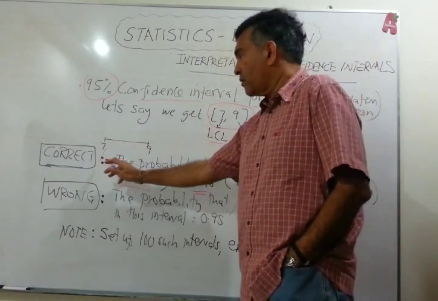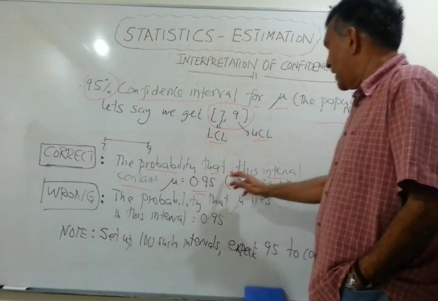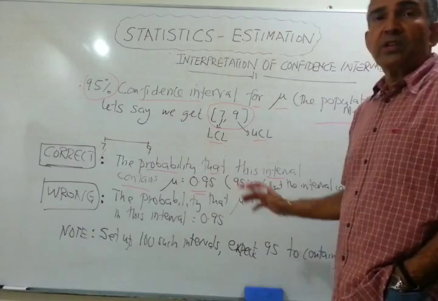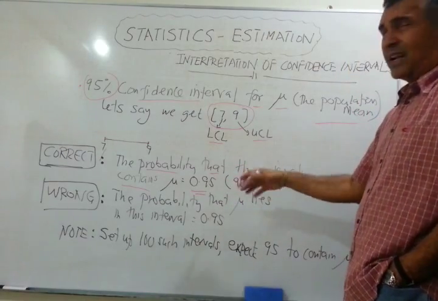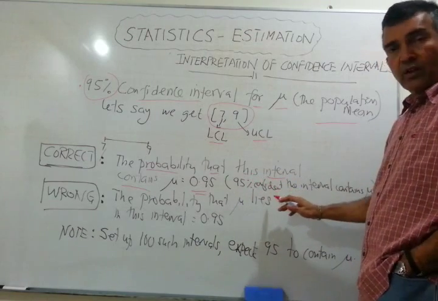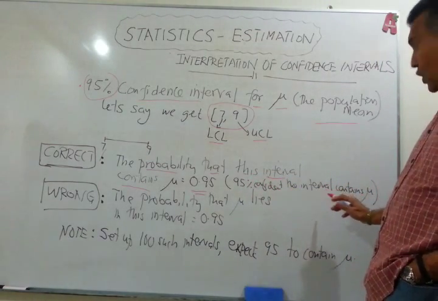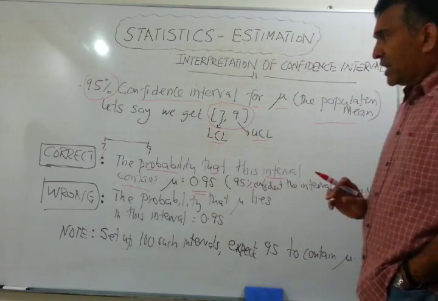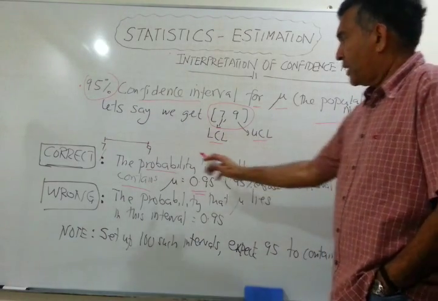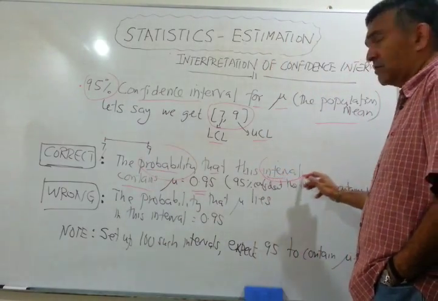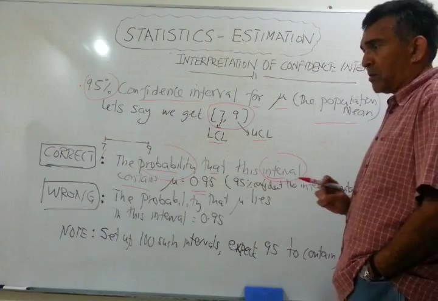Another way you can say that is you are 95% confident that this interval contains mu. The important thing that I'm trying to emphasize here is that the probability must be connected to your interval. The interval has a probability.